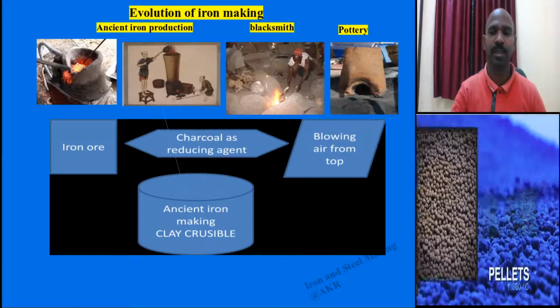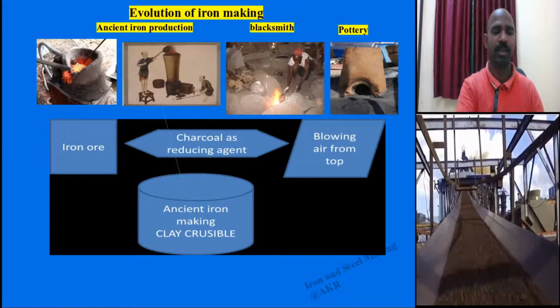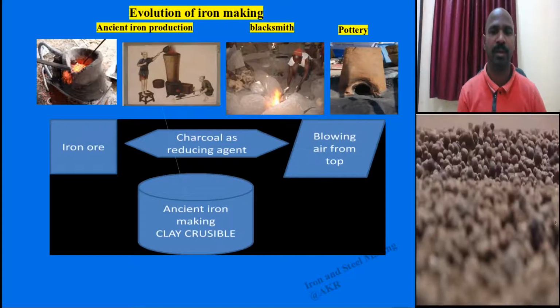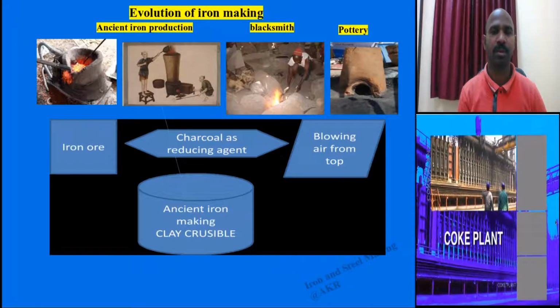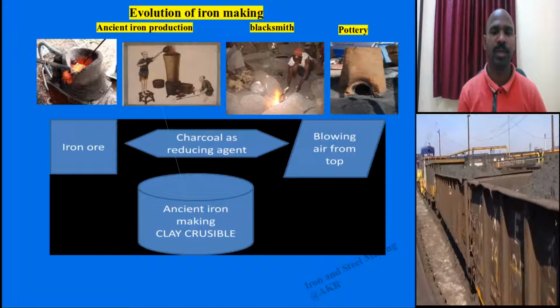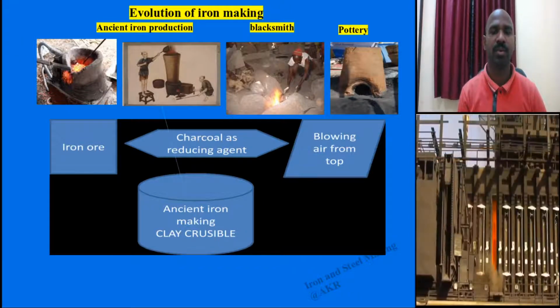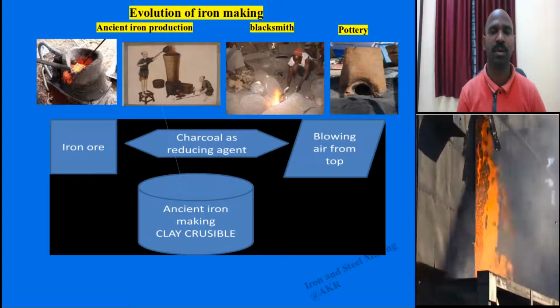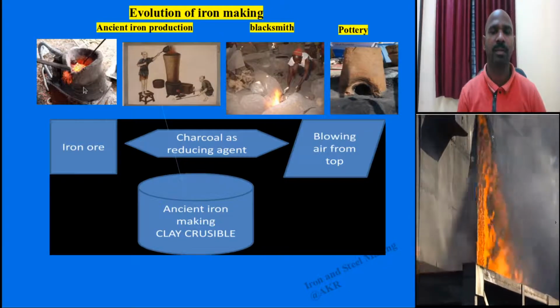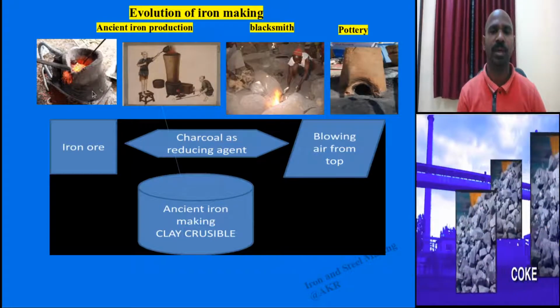For example, in iron making, the evolution of iron making, how does it occur? Initially, red iron ore from the earth's crust was taken and melted, and produced for the civilized purpose of farming.